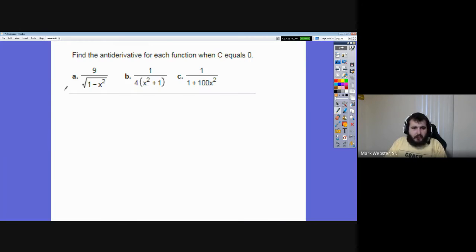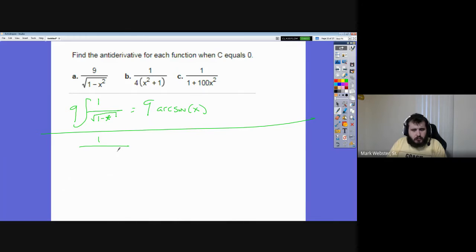And again, this 9, bring it out, because you want to just have the base form in here. So this is 9 arc sine of x, right? Plus c, but c is 0. This one, these are both tangents. Let's start with this one because this one is easier, because it's in the right form.